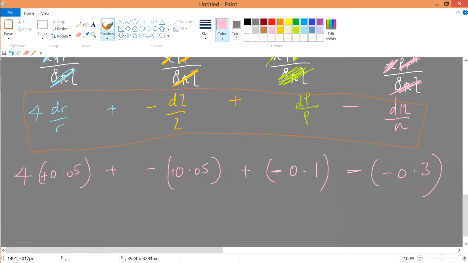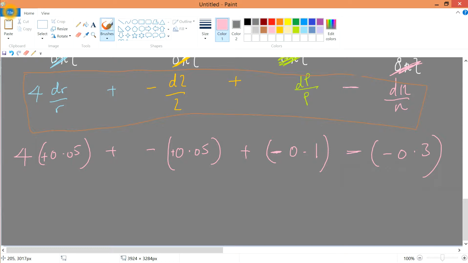Okay, and therefore if you evaluate, you have 0.05 times 4, you have 0.2, minus 0.05, minus 0.1, minus 0.3, which is plus 0.3.